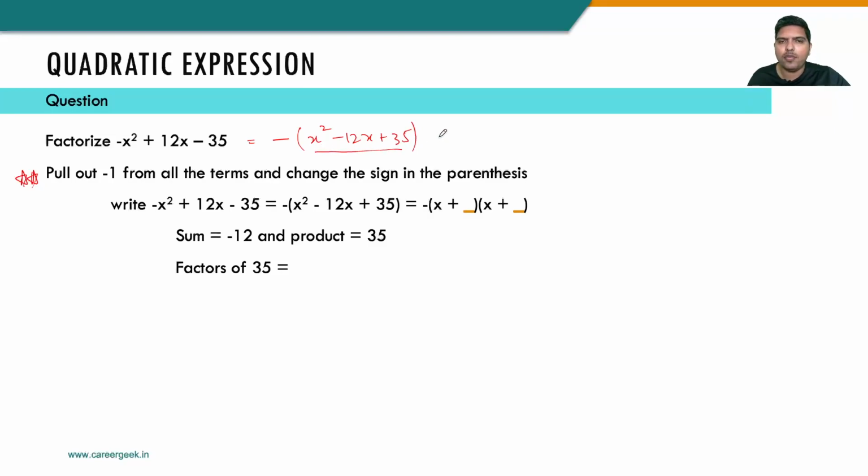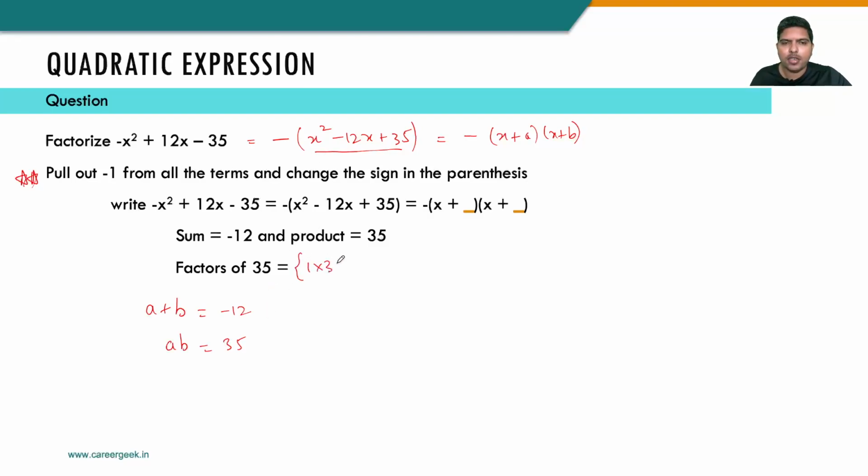Now we'll solve factors for this, keeping the negative as it is, we are not bothered. The expression that we are solving for now is the one inside the parenthesis. So the sum of a and b is -12 and the product of a and b is 35. Important: when the coefficient of x square is -1, you pull out a negative and then follow the same thing.